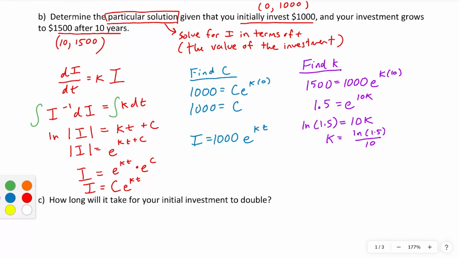Now, if this were on a calculator portion of the test, you'd want to estimate that. You just throw it in the calculator, but I'll leave it in exact form so you don't have to break out the calculator. But yeah, let's go ahead and write our final answer here. I equals 1,000 times e to the power of natural log of 1.5 over 10 times t.